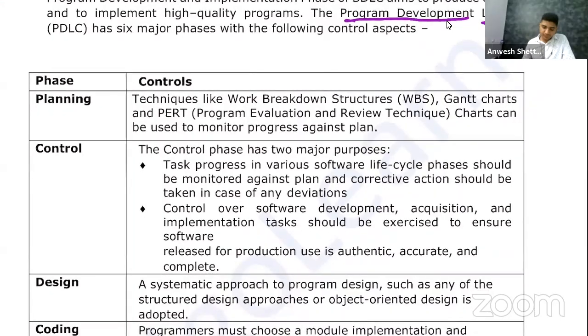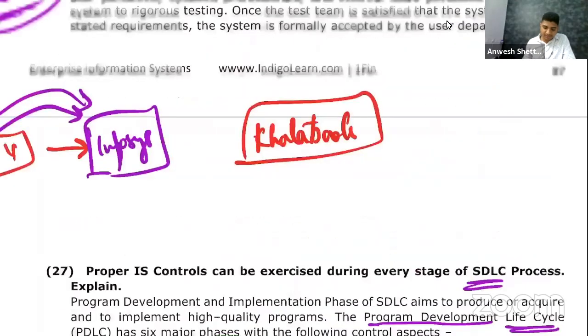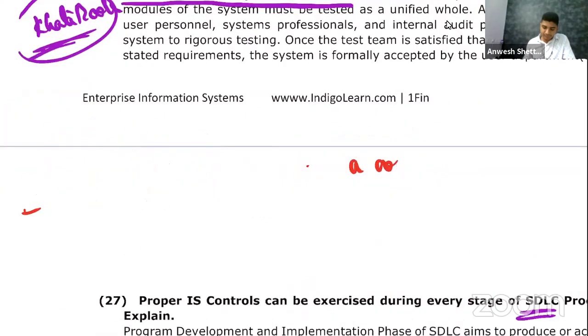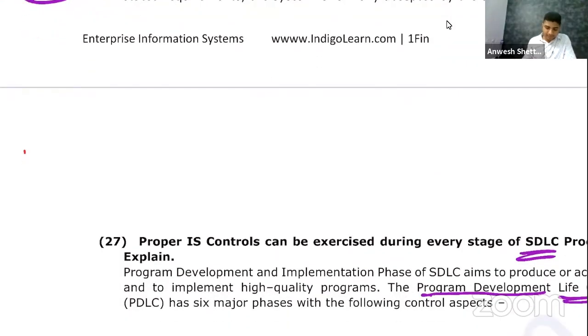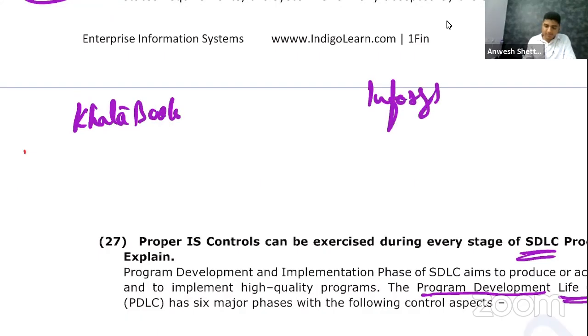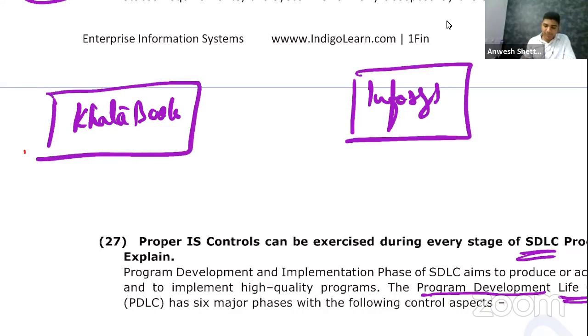So let us continue with the same example. I'll keep it simple. Let us say there is Khata book and then there is Infosys. Now Khata book is a company and they want to develop a software, and who is developing the software? The Infosys is developing this software.